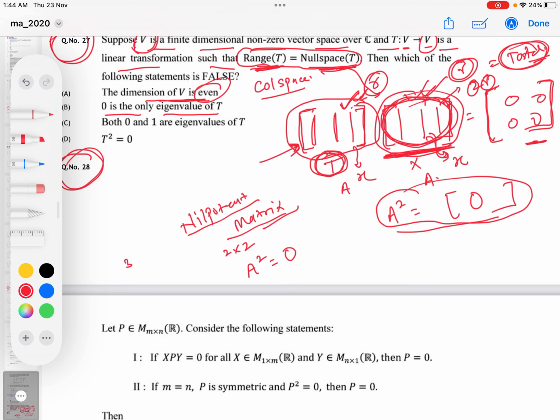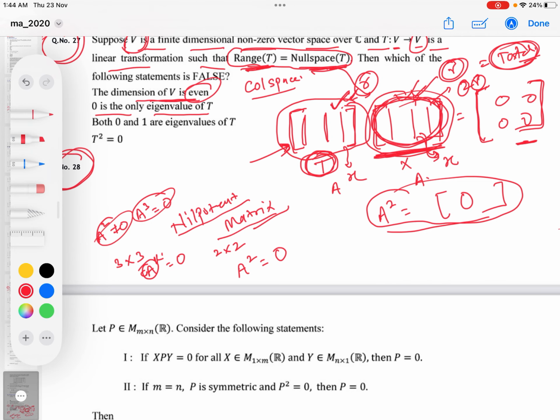If this nilpotent matrix is 3 by 3, then for some k less than or equal to 3, you will get 0. Maybe you will get A squared equal to 0, or if not, then maybe A cubed equal to 0. If any of these conditions is satisfied, then you can say that A is a nilpotent matrix, right? Also, nilpotent matrices have the property that the determinant is 0.